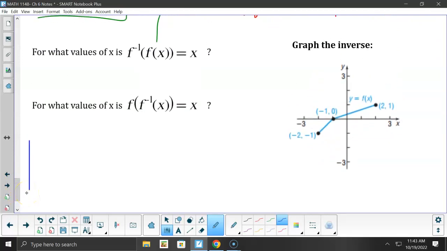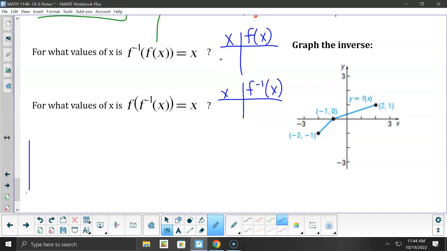Alright, so we got the sticker on the right, and then we've got these two questions. So, for this, I tend to actually write out points. Yeah, that's going to be the inverse.